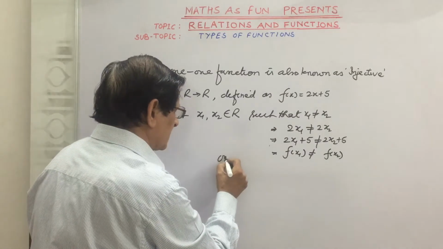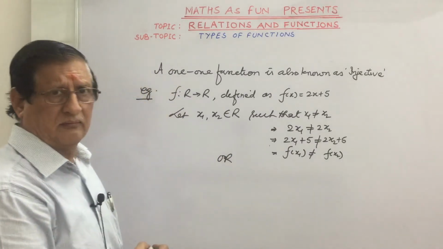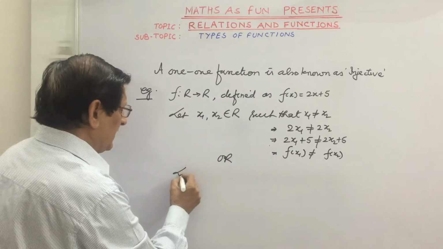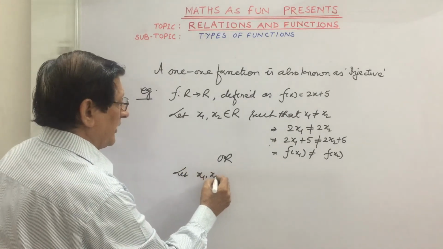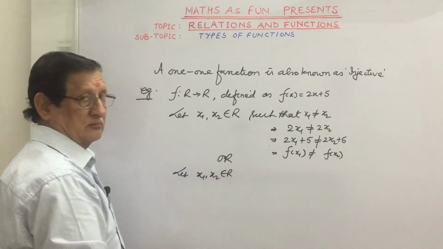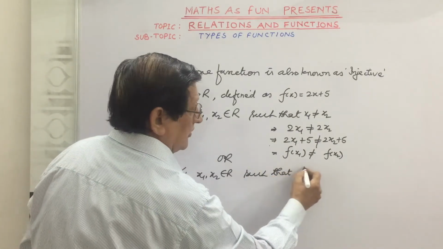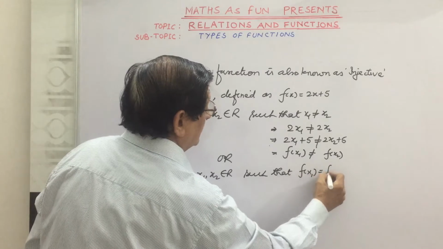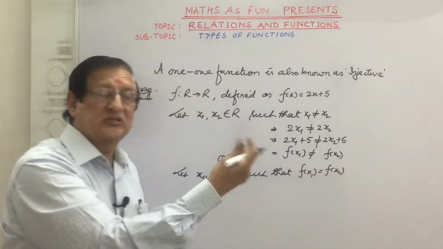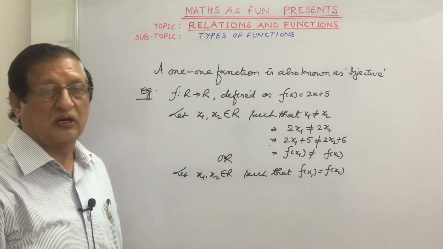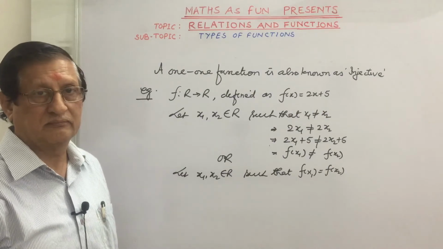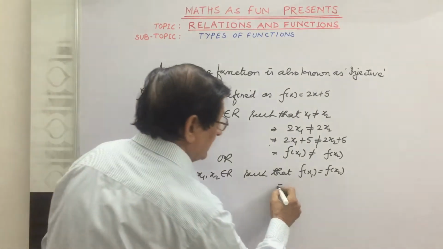We can also say by the other method, let x1, x2 belong to R such that f(x1) is equal to f(x2). It means we have considered that the images of two elements are same. Then you know what is f(x1).